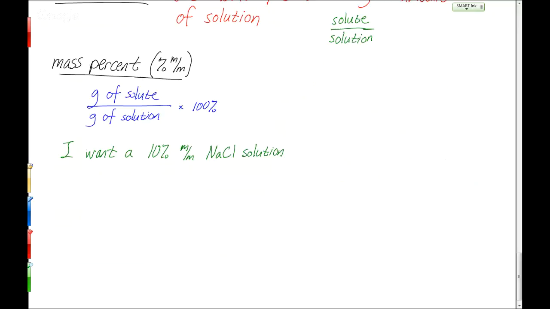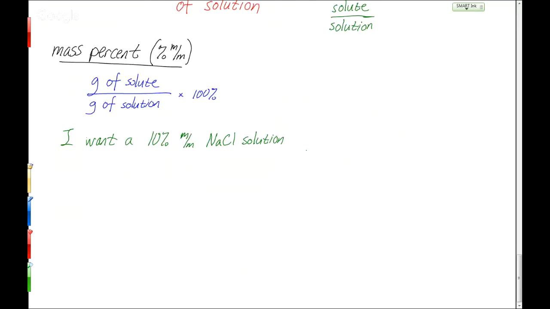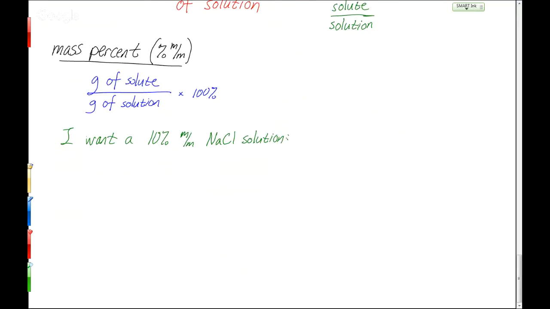You don't need to do any fancy calculations with moles or anything like that. You just need to say, okay, let's say we want 100 milliliters of solution, or 100 grams of solution. So we put that in the denominator. And if we want a 10% solution, that just means we need 10 grams of sodium chloride.